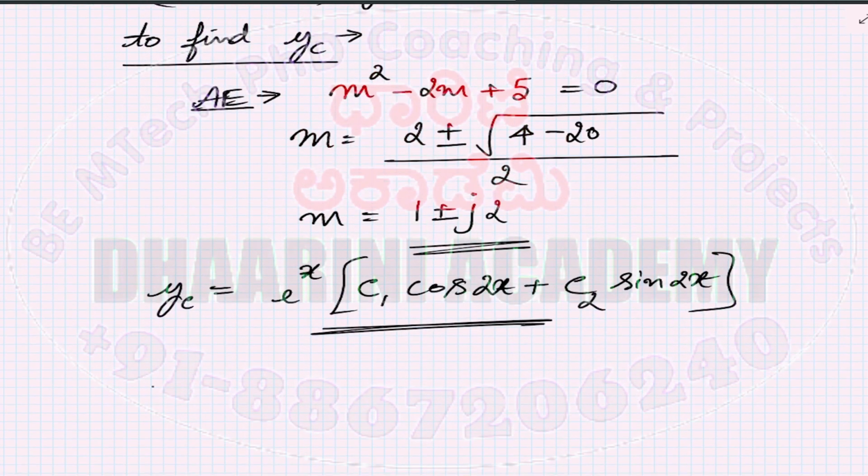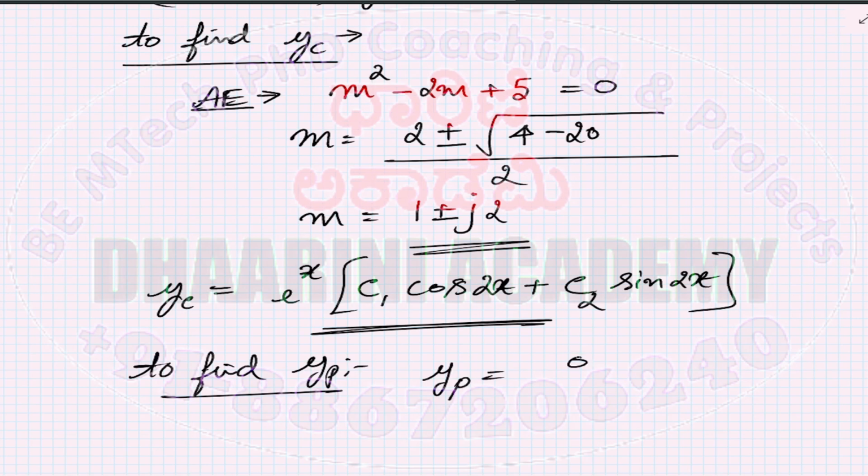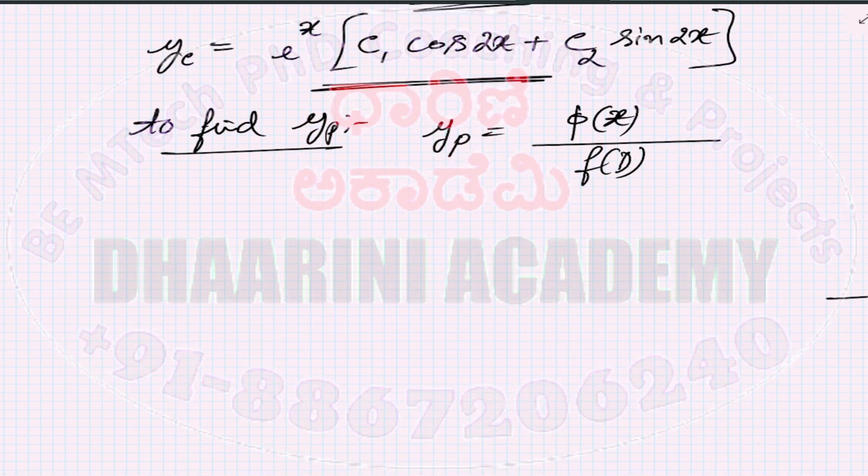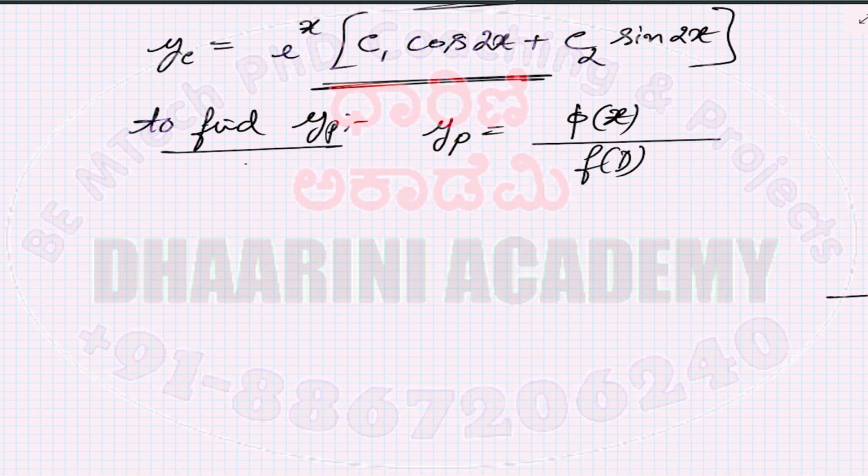Once we have the yc, the next step is to calculate the yp. So to find yp, we'll write the standard equation of yp. Yp is equal to the phi of x given on the right hand side of the equation, whole divided by f of D. In this particular problem, the given phi of x is type 4.